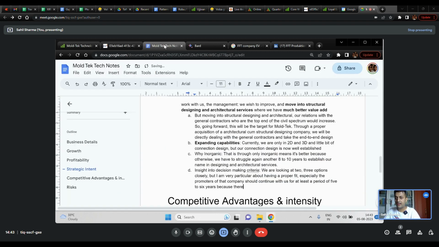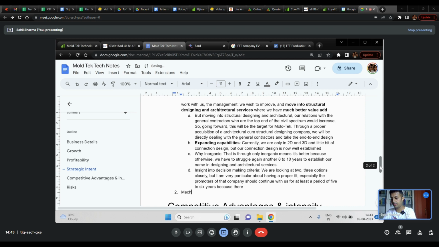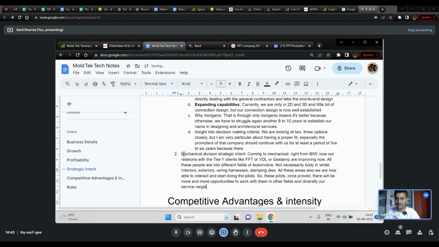And of course, all of that helps them move up the value chain, move into more value added services. Mechanical division, strategic intent, right?